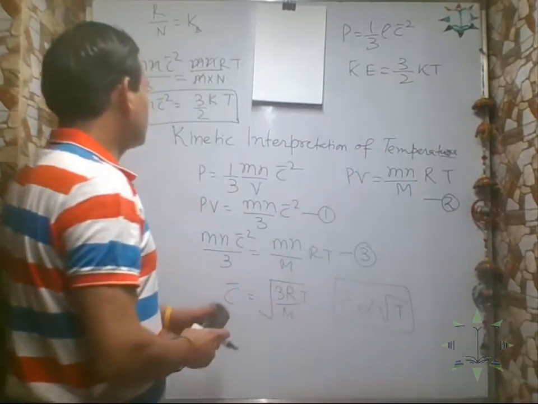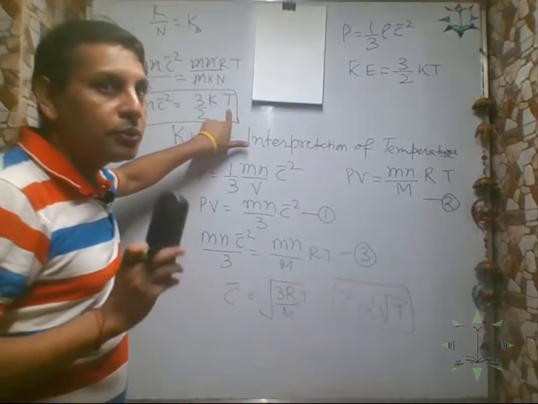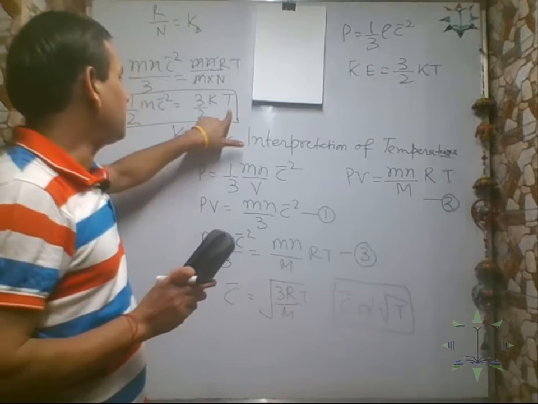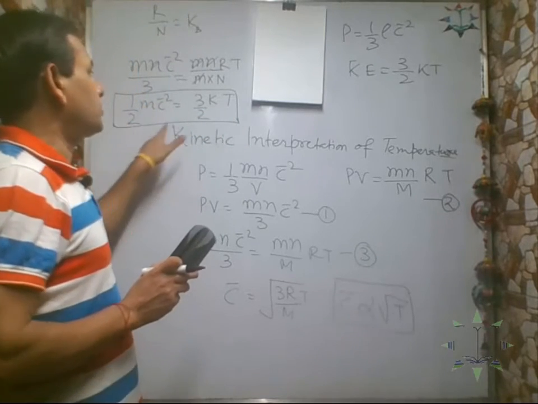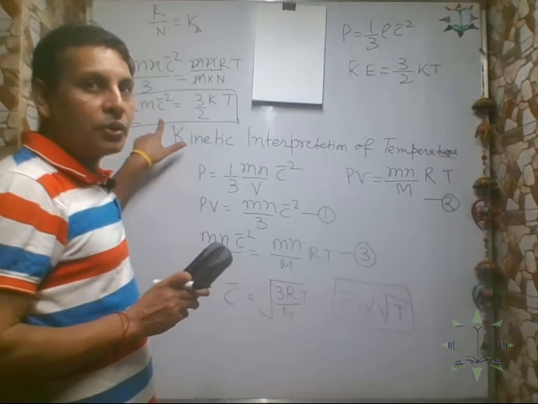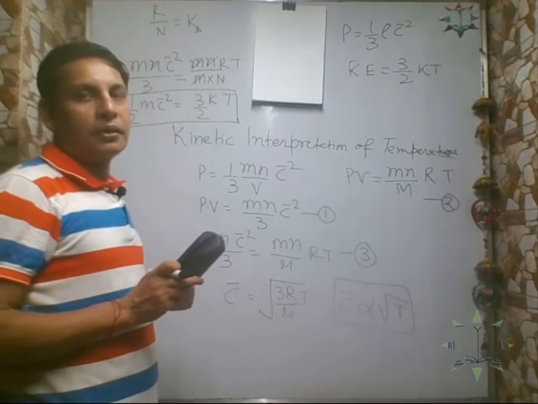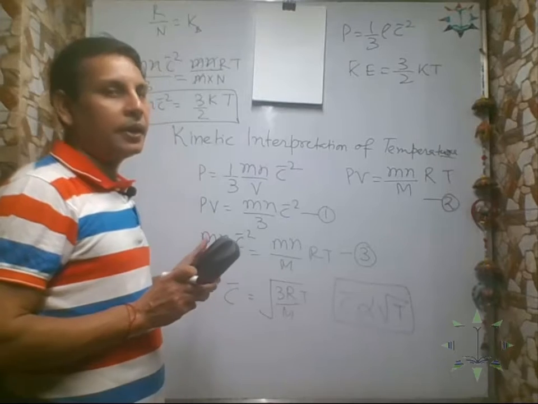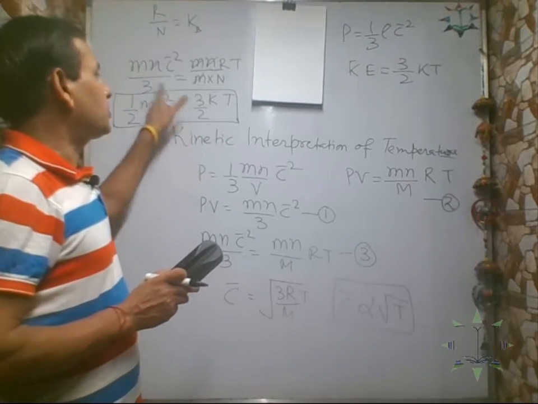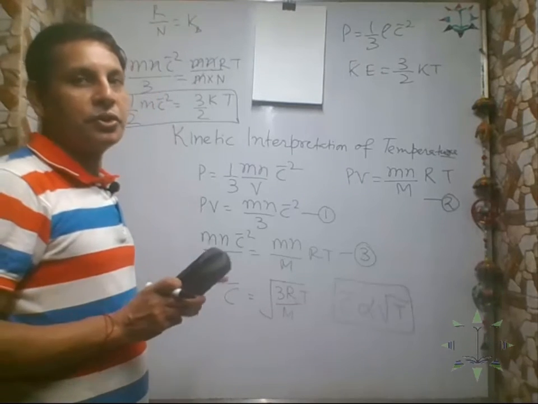Now if T is 0, absolute 0, minus 273 degrees Celsius, this term will become 0. If the right hand side is 0, then the mean kinetic energy is 0. So absolute 0 can be defined as the temperature when the mean kinetic energy of the gas molecule becomes 0.